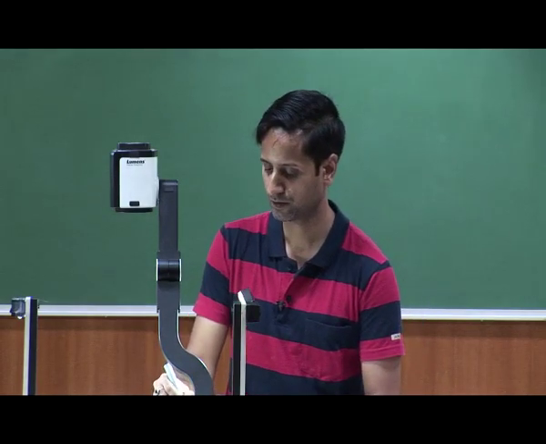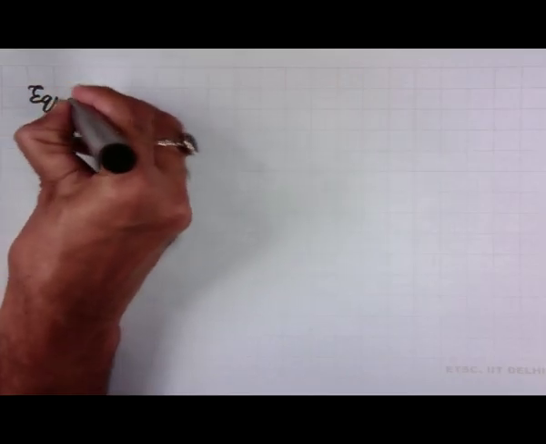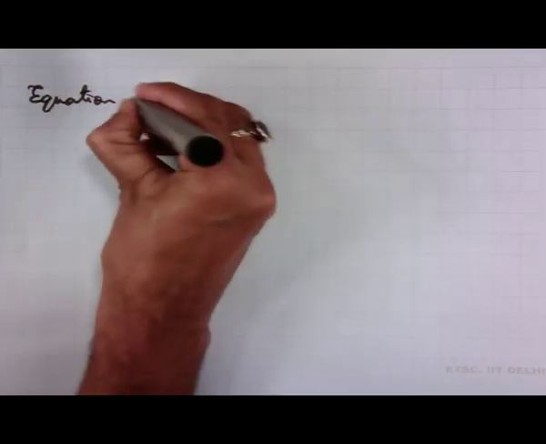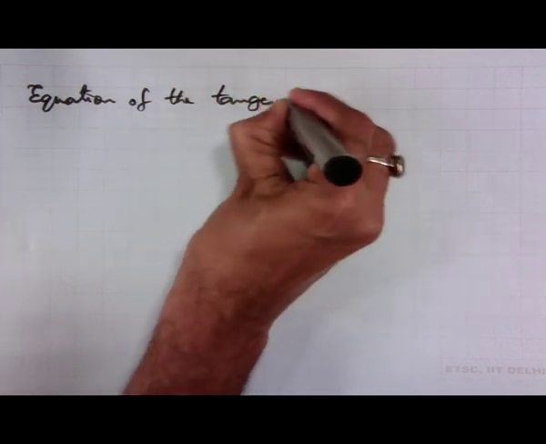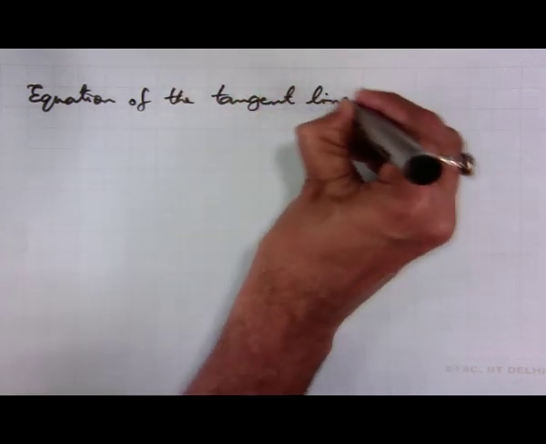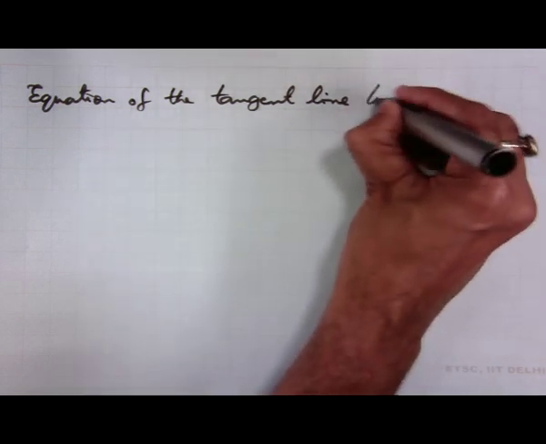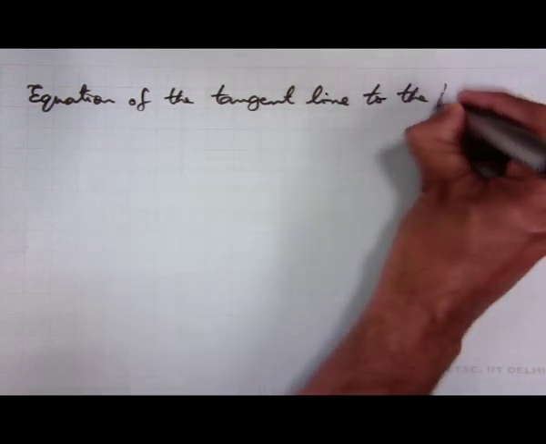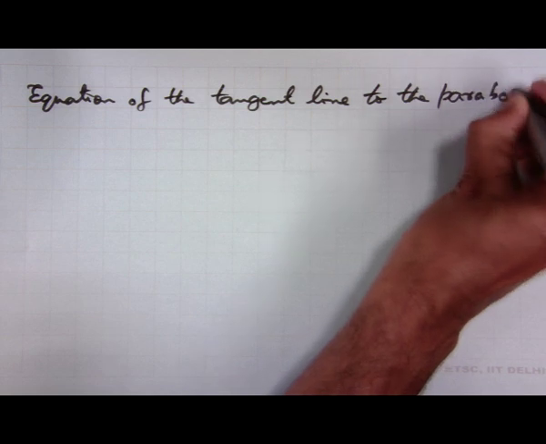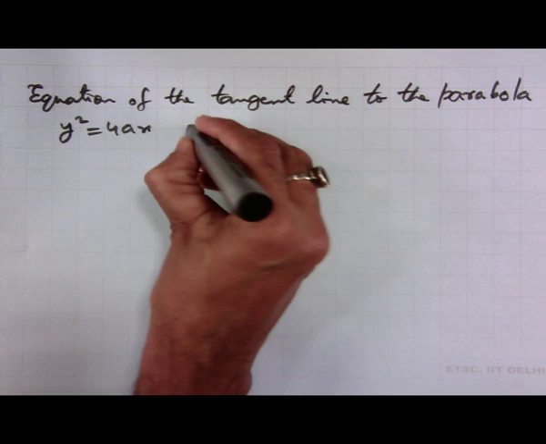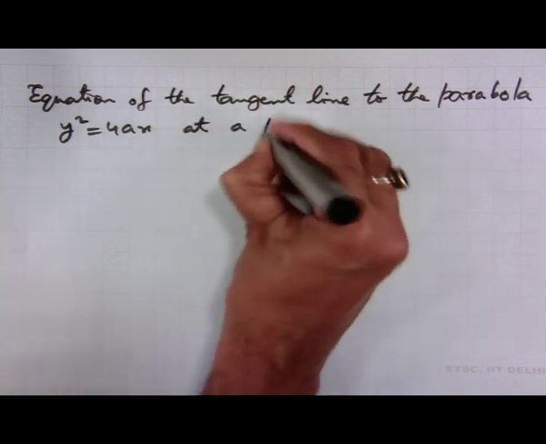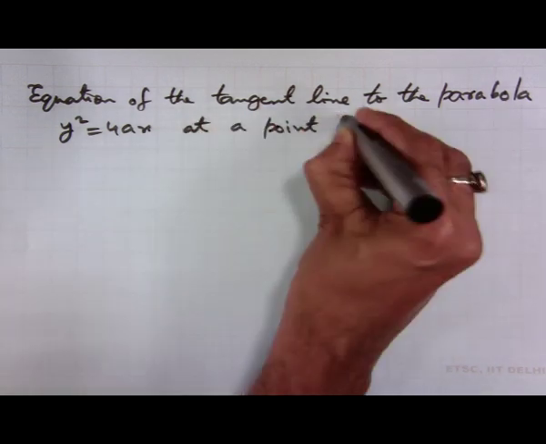So, the equation of the tangent line to the parabola y square equal to 4 a x at a point x 1 y 1.